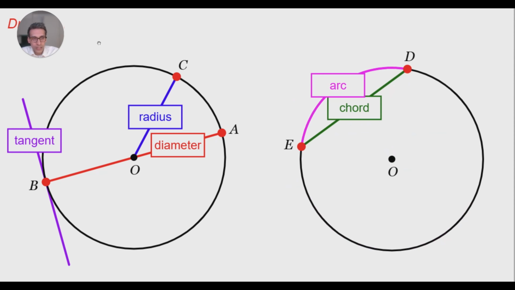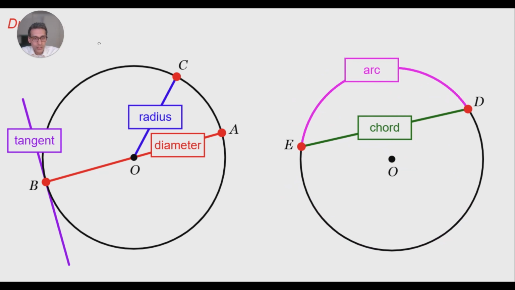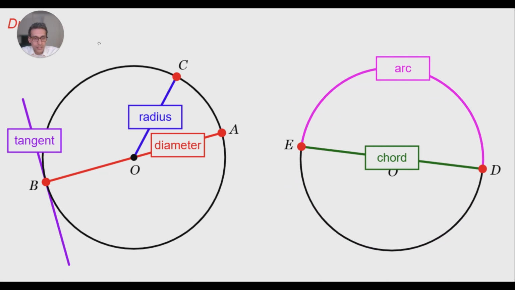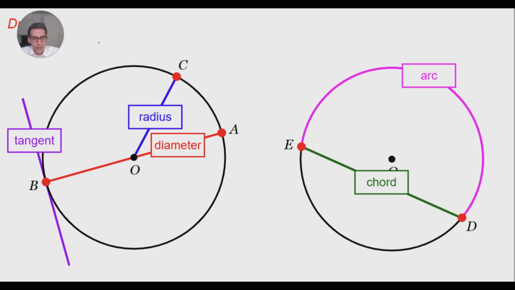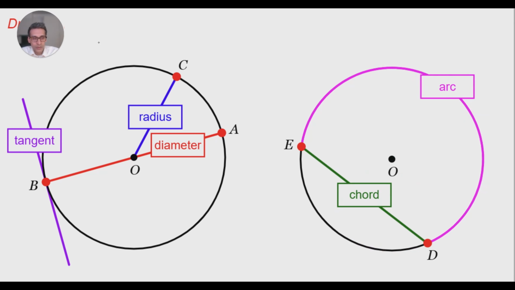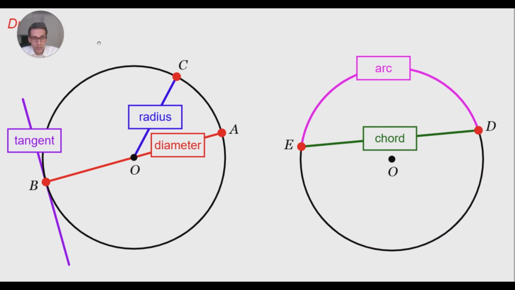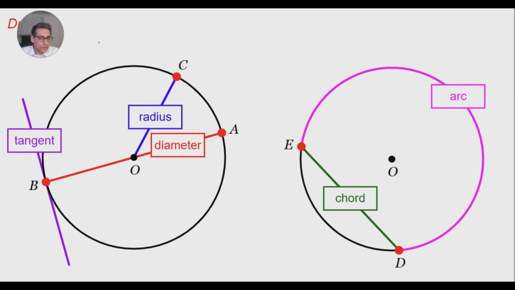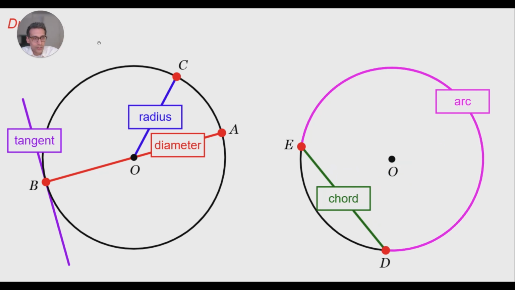Now, the pink line here at the moment is a minor arc, and then it gets to here where it's halfway along the circle, and now it's become a major arc. Major, minor, major, minor. You can probably spot why, because it's going around beyond the center.